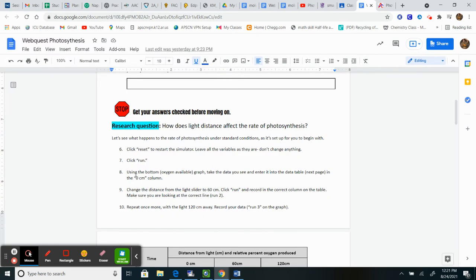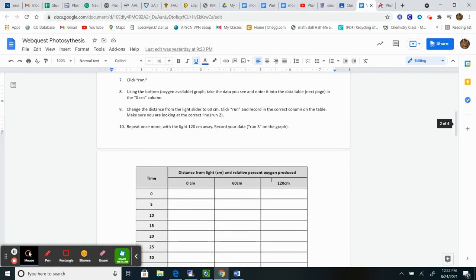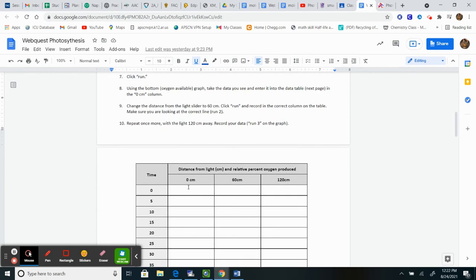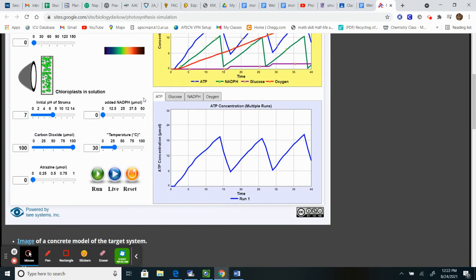8 says using the bottom graph, so oxygen available, take the data you see and enter it into the data table on the next page in the 0 centimeter column. Okay, so we can look here. And of course we need to change the tab.